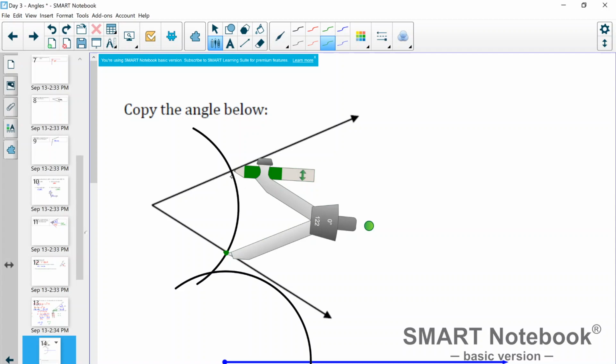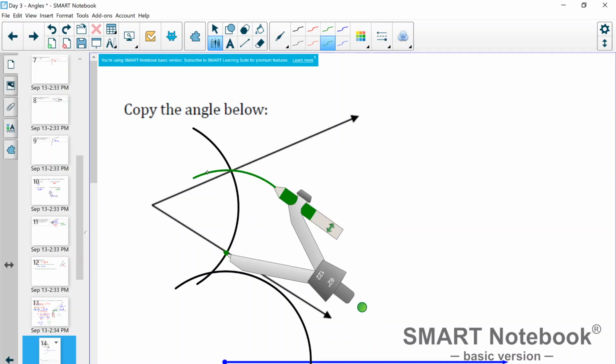I'm opening it up to the other side so that my pencil is now on this point of intersection on the top right. Once I'm here, I'm just going to make a mark. So notice my black arc and now my green arc are meeting where the top ray is going off to.